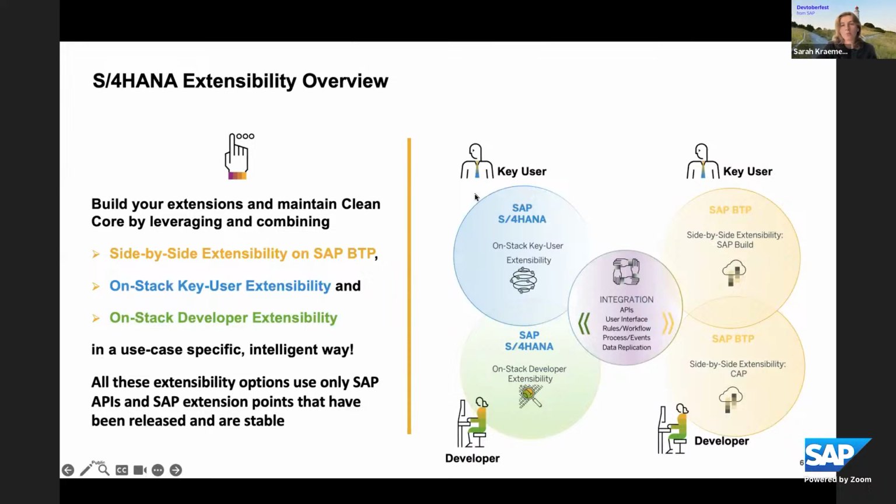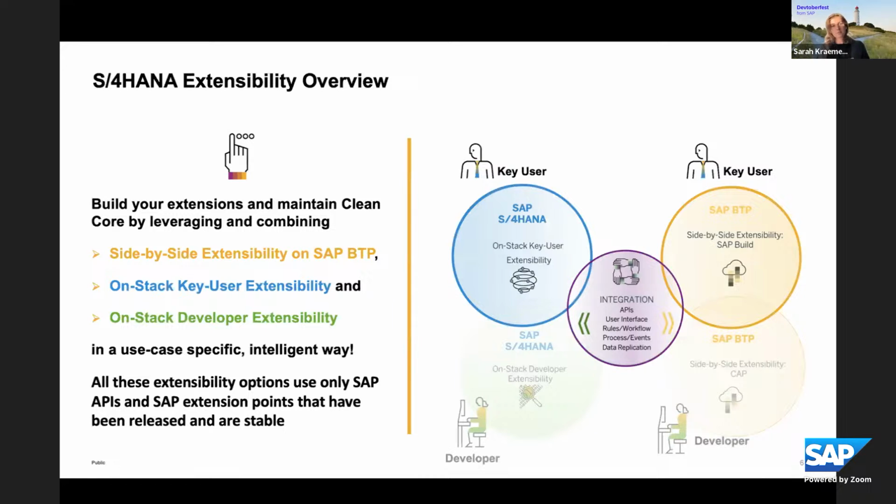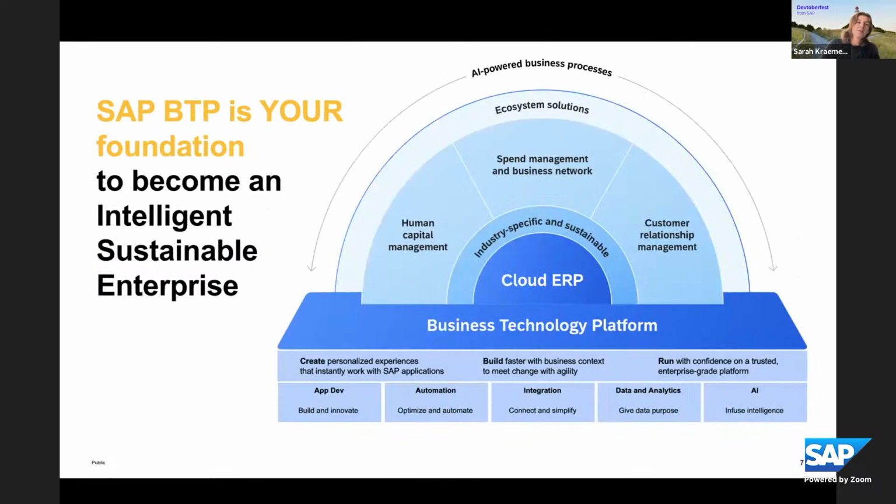So let's have a look at the other part, which is SAP Build. And before we start with SAP Build, SAP Build is part of SAP BTP. And BTP is the foundation to build side-by-side extensions on SAP products. So SAP BTP is a unified but open platform that combines various capabilities for extension development in one platform.